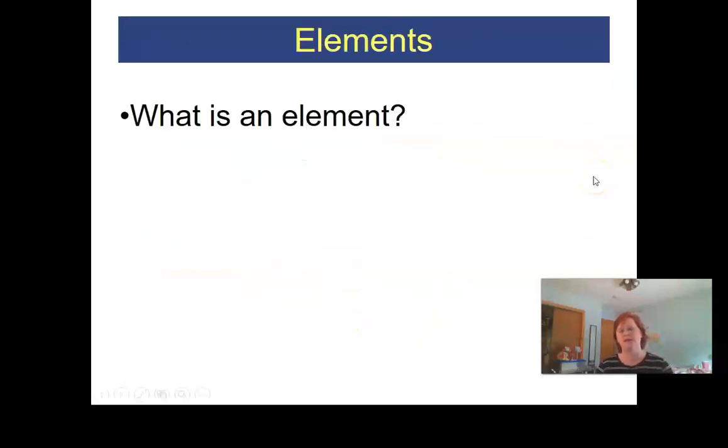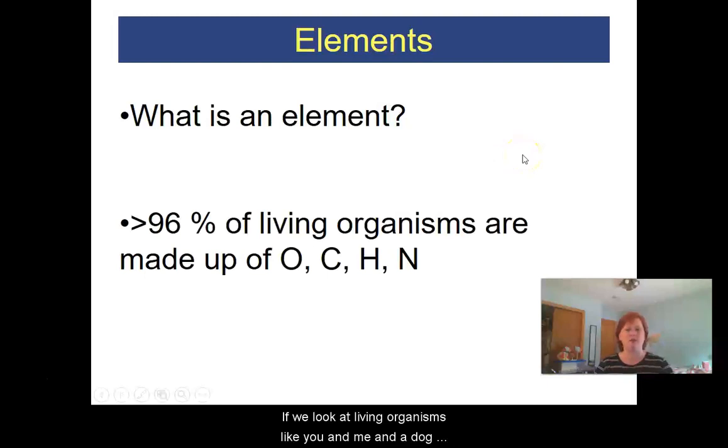Elements. What's an element? Well, an element is composed of small substances called atoms, and all of the atoms within an element have basically the same properties, right? They're kind of built the same. If we look at living organisms like you and me and a dog and a tree and a worm, all of those organisms have something in common.